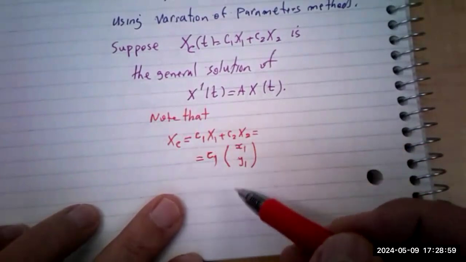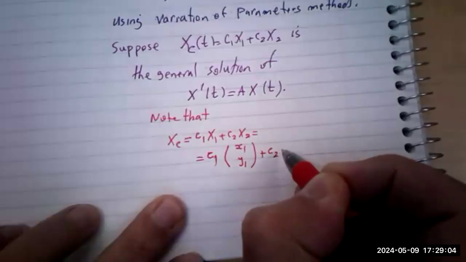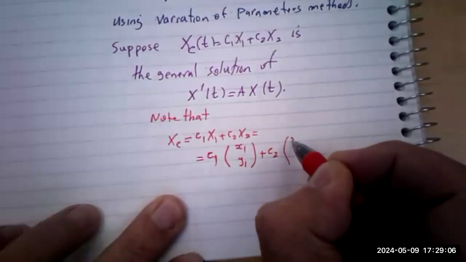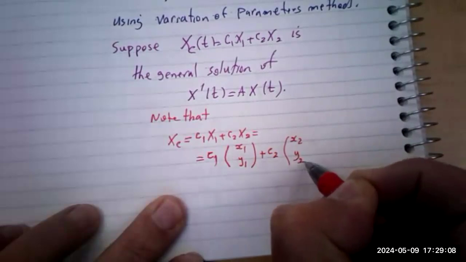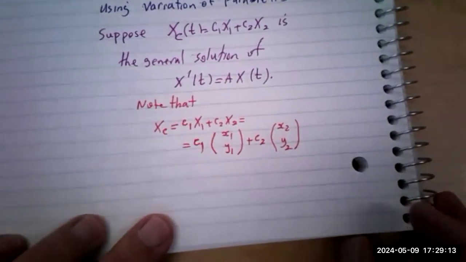This is c1 times x1, one particular solution, which can be written with first component x1 and second component y1, plus c2 times another particular solution, with components x2 and y2.